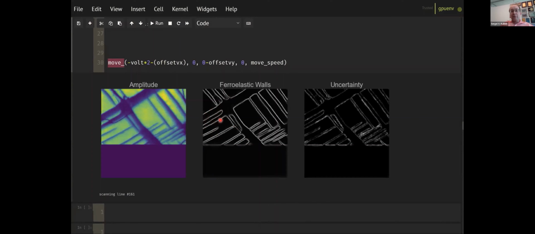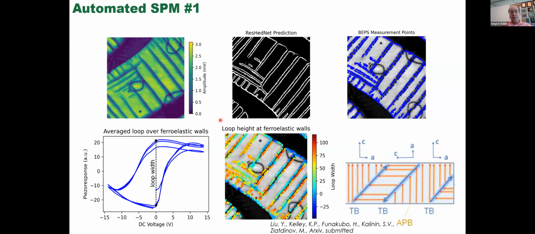So in this case, if we know in advance what is necessary, we can run pretty interesting experiments. For example, we can image the domain structure, we can find all the domain walls, we can select the points for measurement of certain signal, like a hysteresis loop, and then we can see how this hysteresis loop varies along the ferroelectric domain wall.